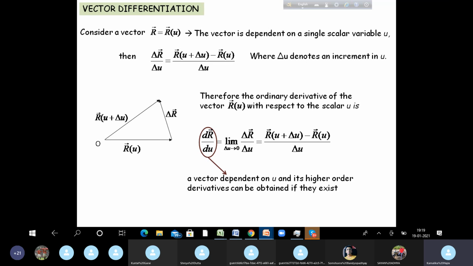The derivative that you get of the vector R, that is dR/du, is a vector which is dependent on u, and you can also get the higher derivatives, that is d2R/du2, d3R/du3, etc., if they exist.